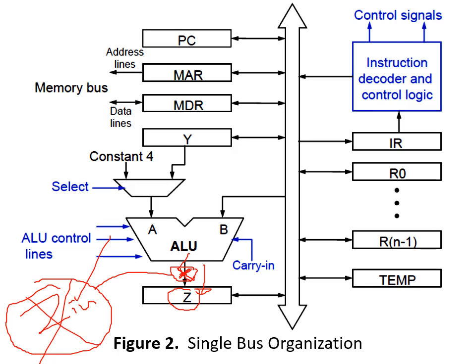So when I say Z in, there is a circuit designed in the processor which electronically opens the gate. You have designed a lot of electronic circuits in your logic design lab or analog and digital electronics lab, right?